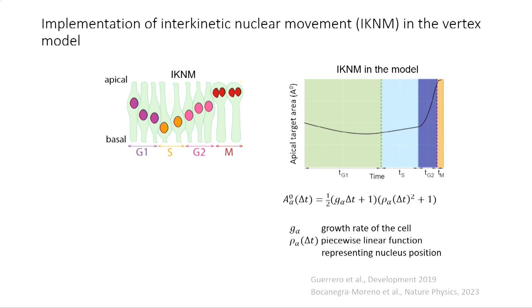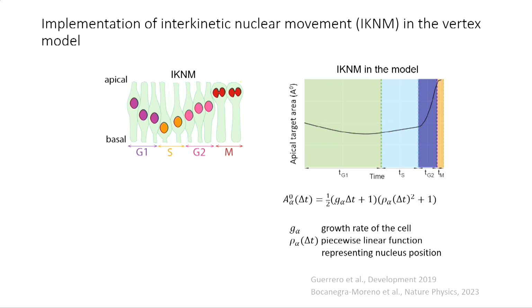And now, I would say I would be fine with just having some intuitive understanding of what we do with the cellular dynamics. But if someone really wants to know what's inside, then that's how we define it. This is a piecewise linear function, and we checked in this paper that this works pretty well and is consistent with the experimental results.